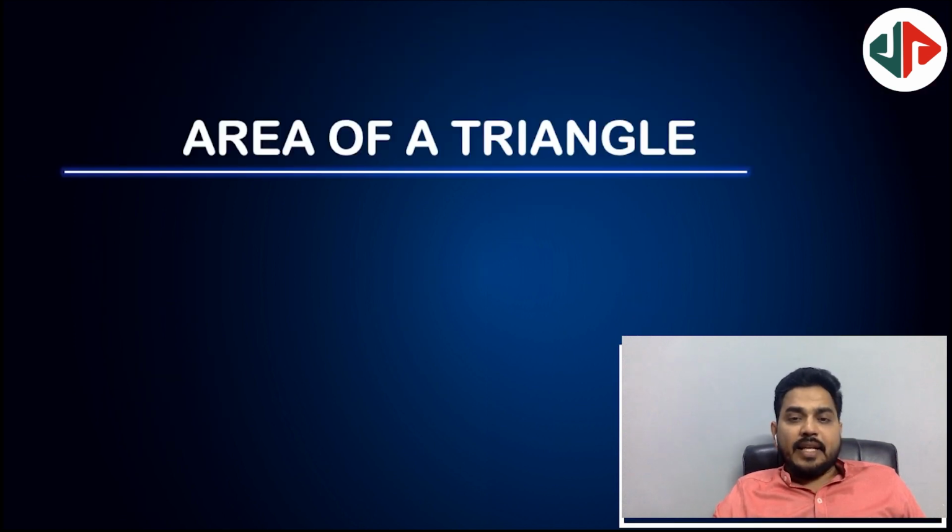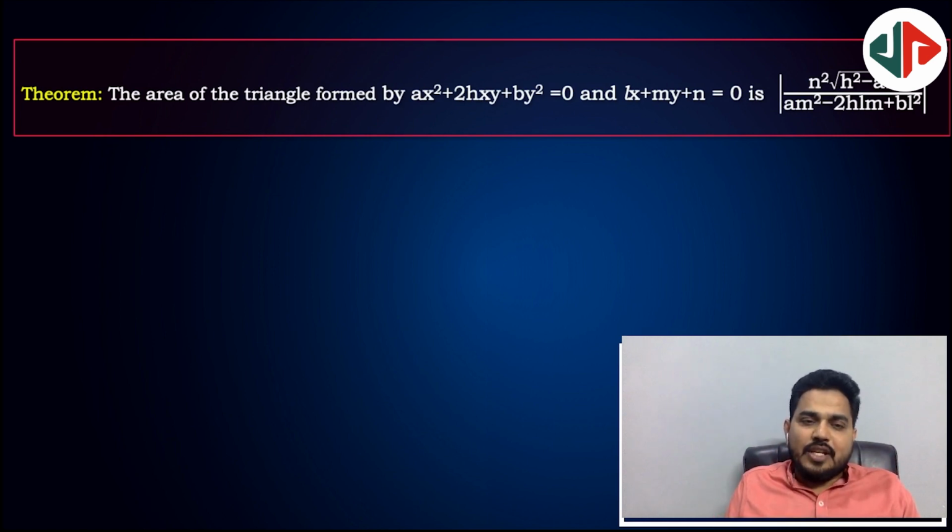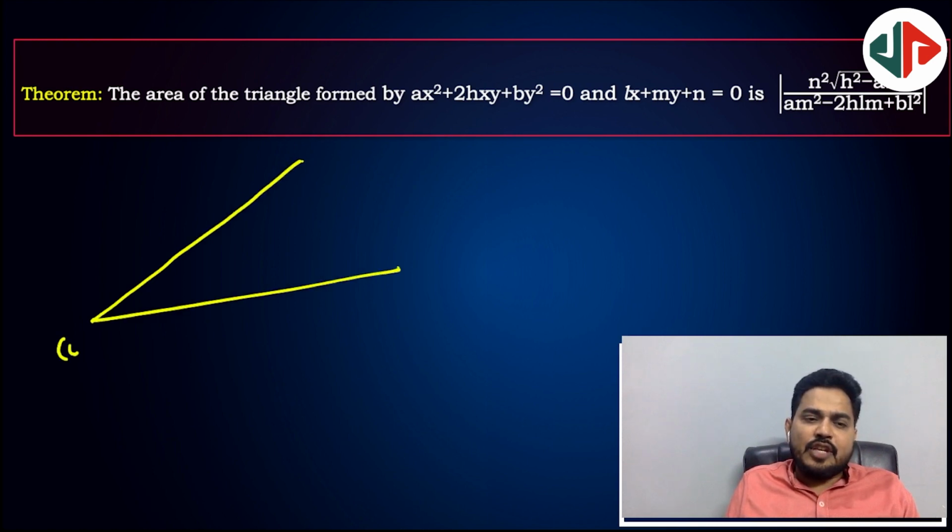Area of the triangle formed by ax square plus 2hxy plus by square is equal to 0 and lx plus my plus n is equal to 0. What I will do is, these are the pair of lines through 0 comma 0. Instead of taking this one as L1x plus M1y, I will take y is equal to M1x and here y is equal to M2x.